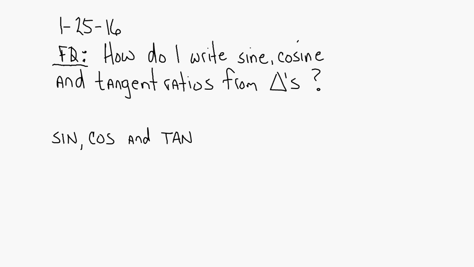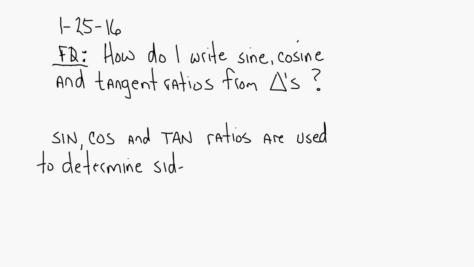Sine, cosine, and tangent ratios are used to determine side lengths in right triangles.